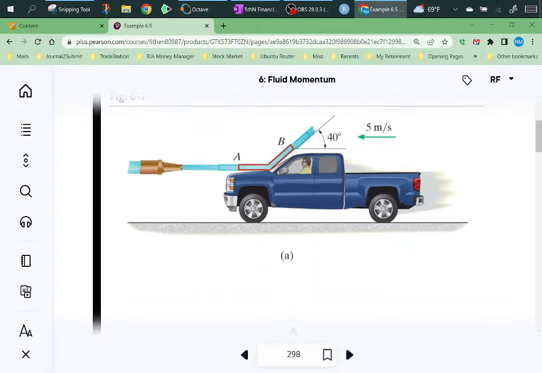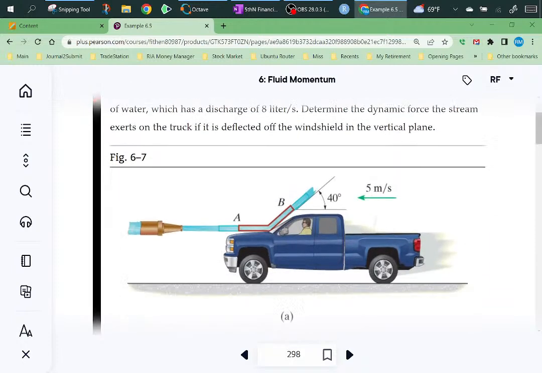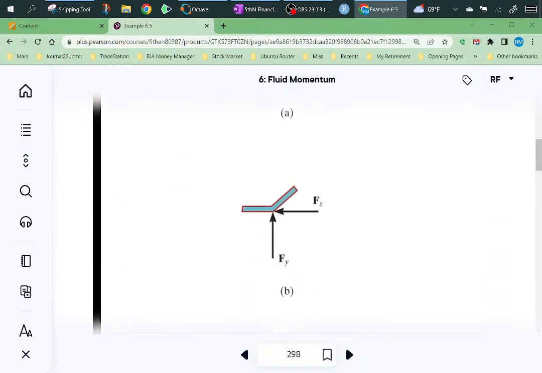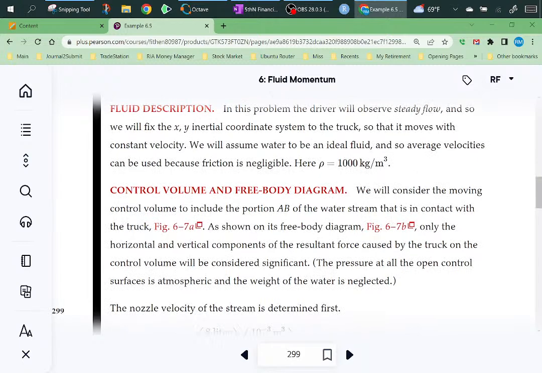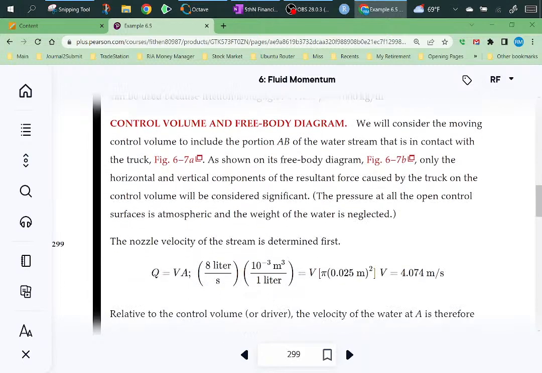So you're kind of doing a vector diagram. Okay, so I'll let him figure it. There's Fx and there's Fy. He's figuring out all this stuff.